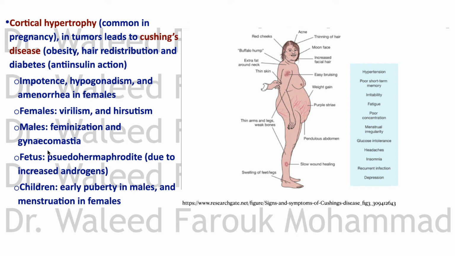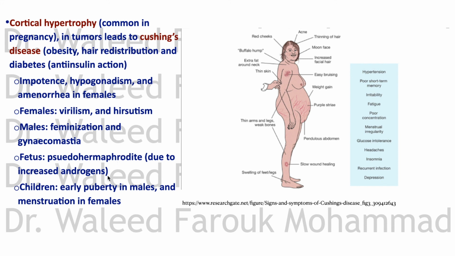If this occurred in the fetus during development of the sex of the fetus, the result is a pseudo-hermaphrodite due to increased androgens. You cannot determine by the external genitalia if it's a male or a female. Only the internal organs will decide, and surgical intervention comes later.